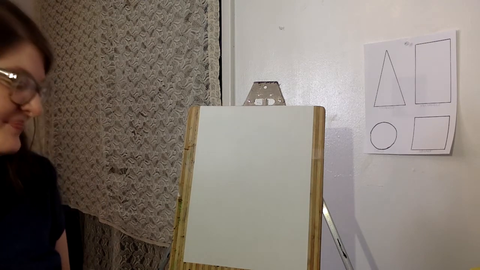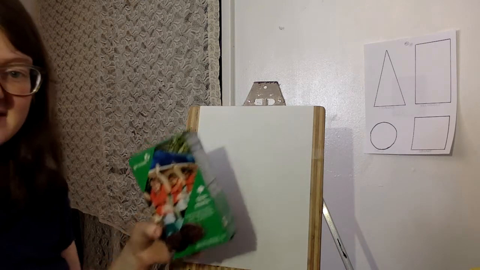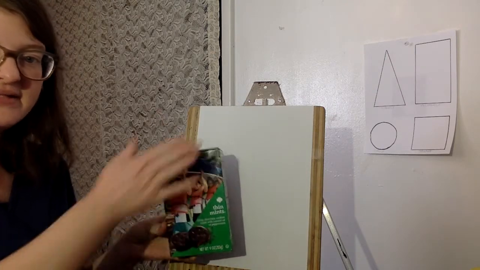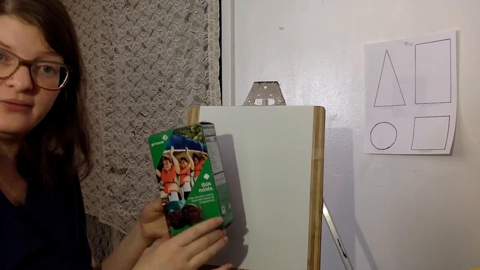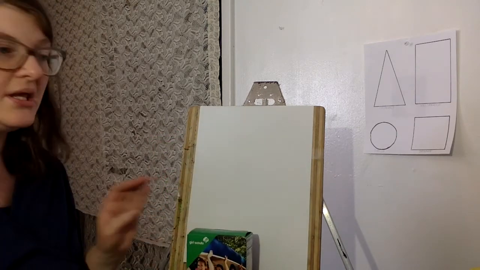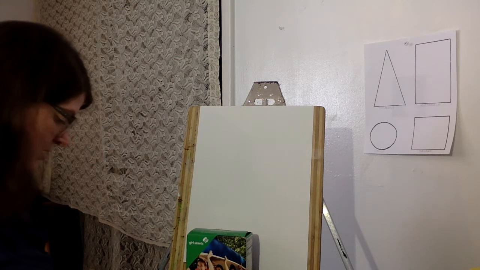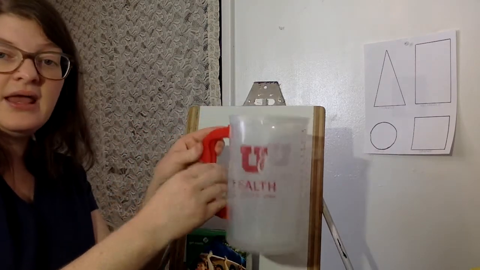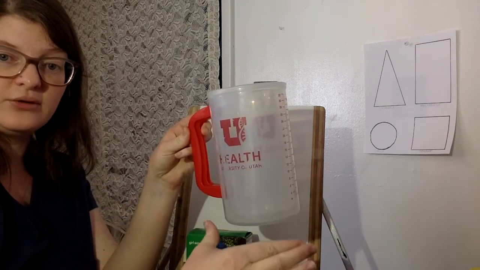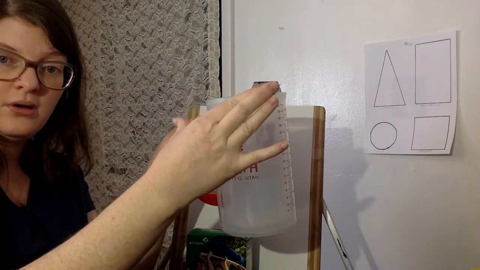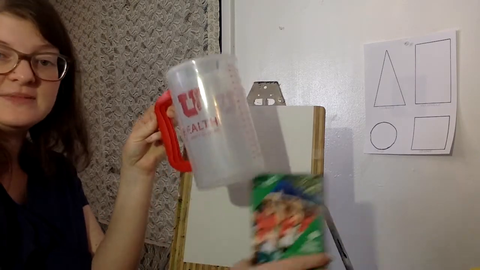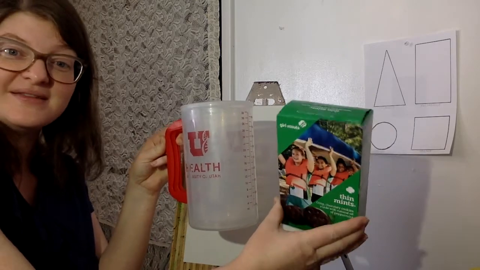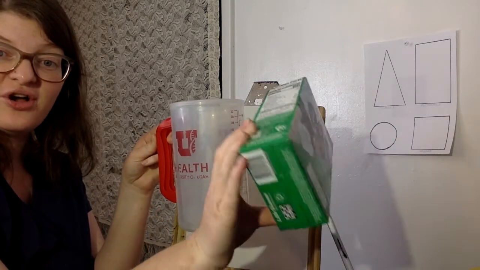So you have something like this, right? A box of cookies that's flat, but it's a rectangle. Or you might have something like this cup right here, and the side has that rectangle shape, but the difference between these two is that this is flat, because it's flat rectangular on all the sides.